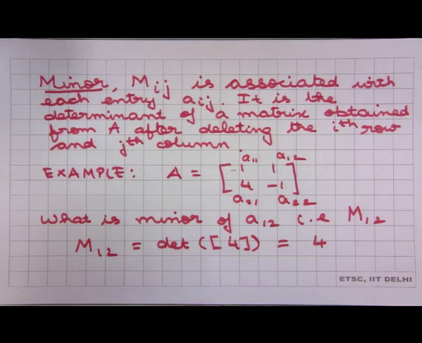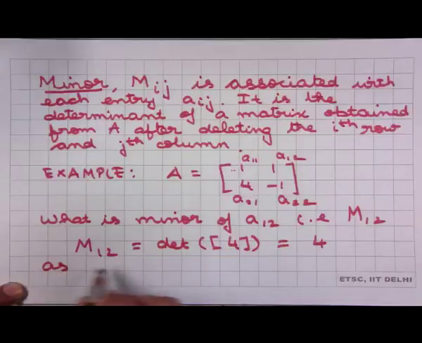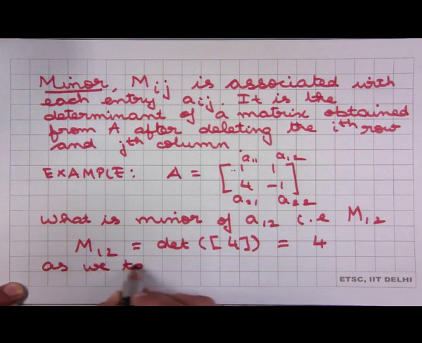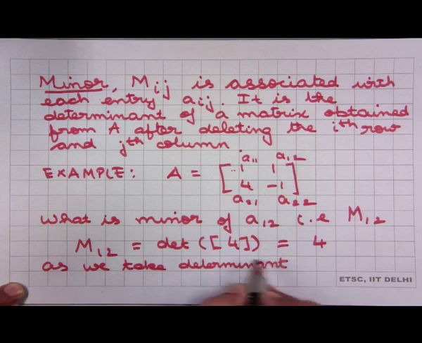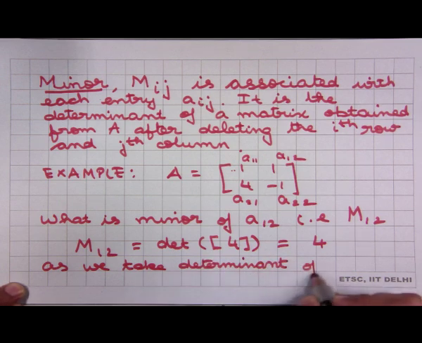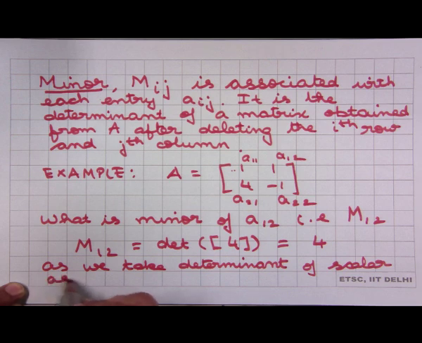So we are going to say that the determinant of a scalar number is always the same scalar. So the minor is 4, as we take the determinant of a scalar as itself.